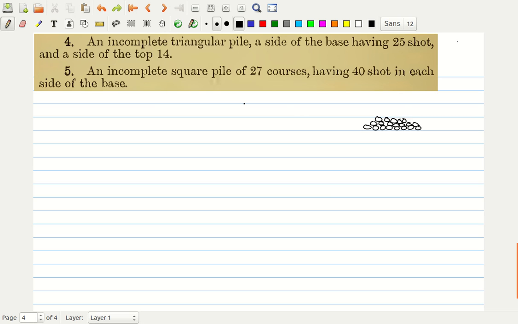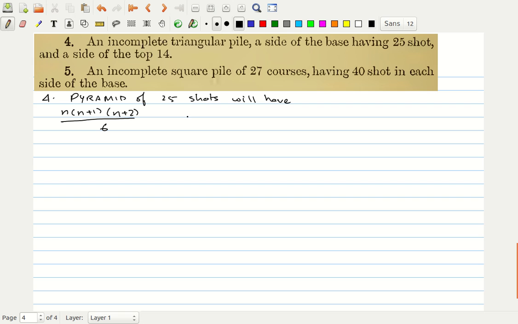Okay, so how many balls in complete pyramid of 25 shots? This will have, we already know the formula, it is n times n plus 1 times n plus 2 divided by 6.